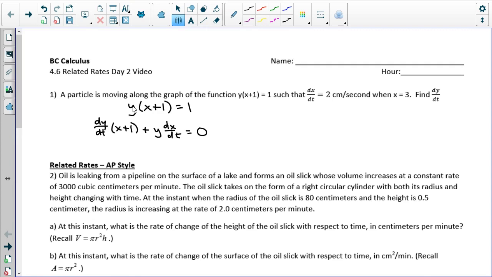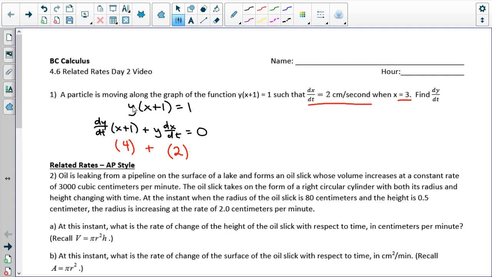Now I have some information. Dx dt is 2 centimeters per second when x equals 3. So that means that I can substitute 2 in for dx dt, and I can substitute 3 in for x, so I can make this 3 plus 1, which is 4.